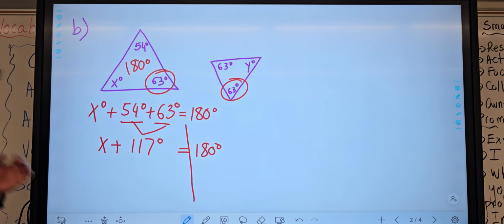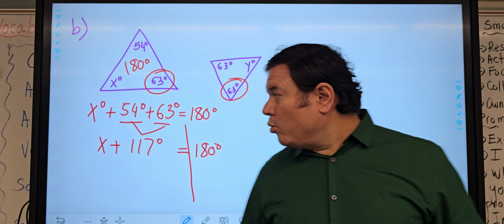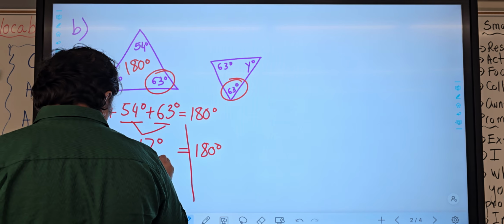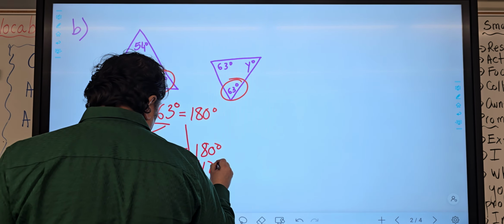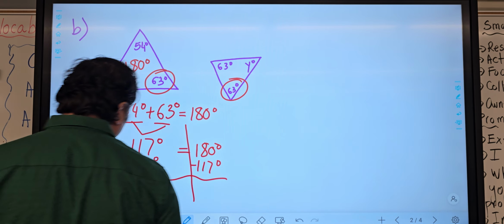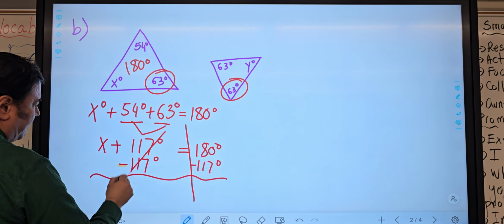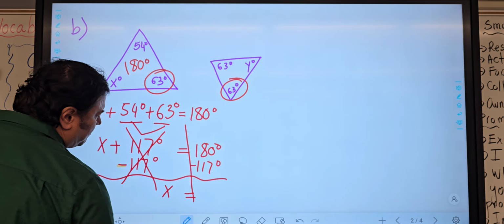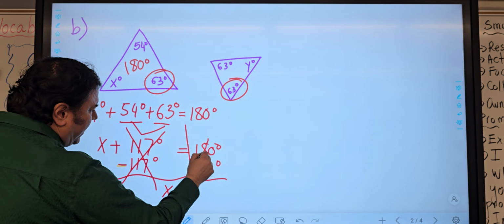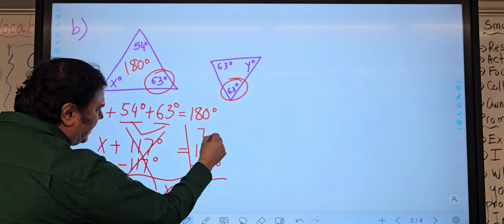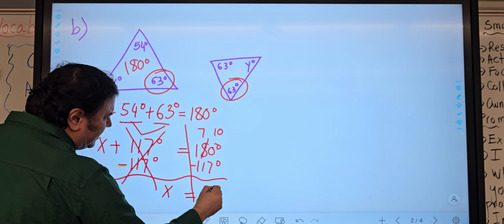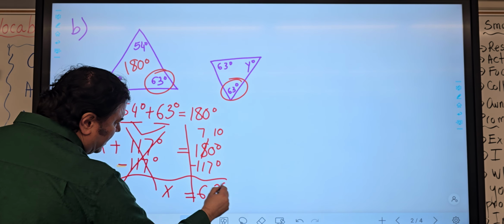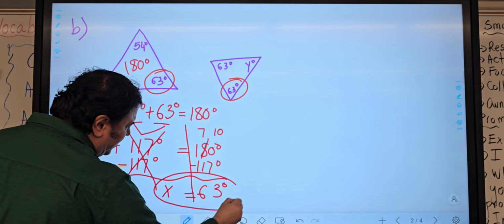And now we just simply have to subtract 117 from both sides. 117 minus 117 and see what we get. 117 and negative 117 cancel out, so we get x equals, let's borrow from the 8, make 8 a 7, make 0 a 10, 10 minus 7 is 3, 7 minus 1 is 6, and that is 63 degrees.